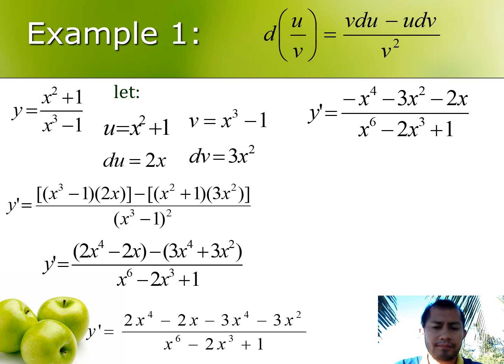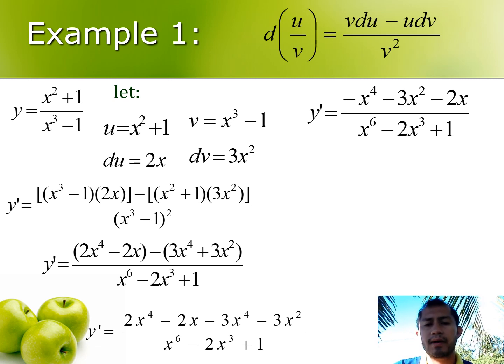Finally, after combining like terms, we have y prime is equal to negative x to the fourth minus 3x squared minus 2x all over x to the sixth power minus 2x cubed plus 1.